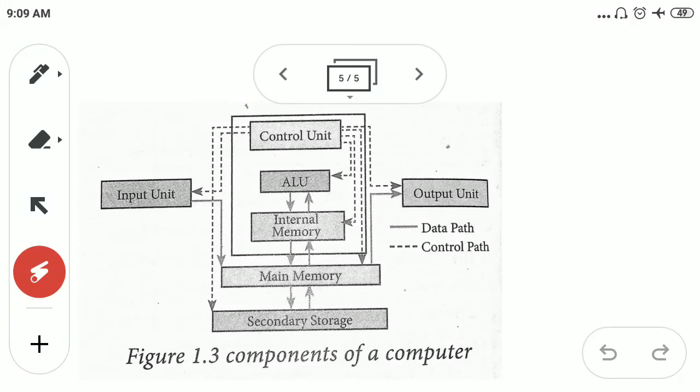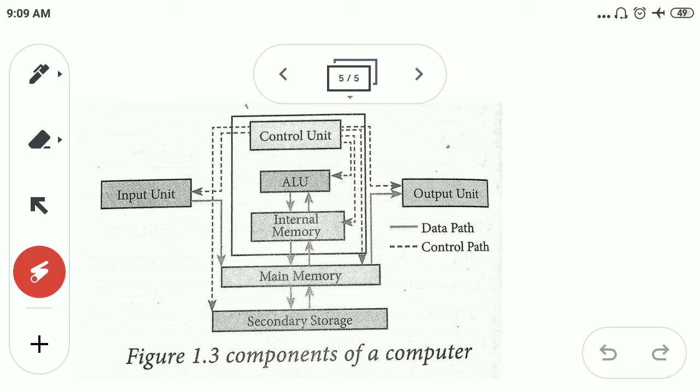Okay, so you can see that this central processing unit consists of control unit, ALU, internal memory, main memory, secondary memory. This control unit controls all the parts in the computer. The units are: input unit, ALU, internal storage, memory unit, secondary storage, and output unit. The first thing is the input unit. This input unit feeds information into the computer.